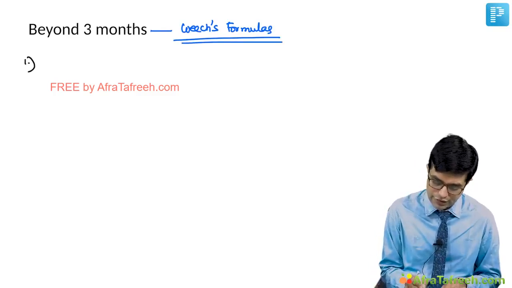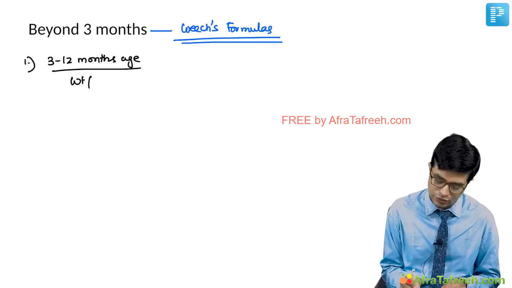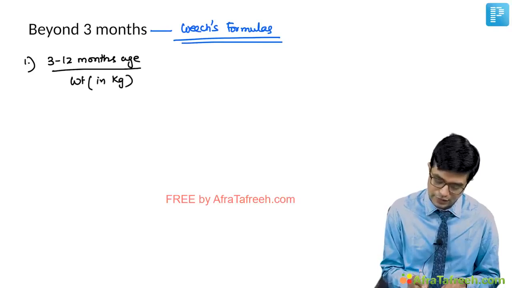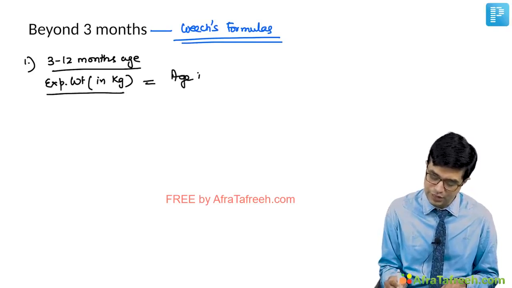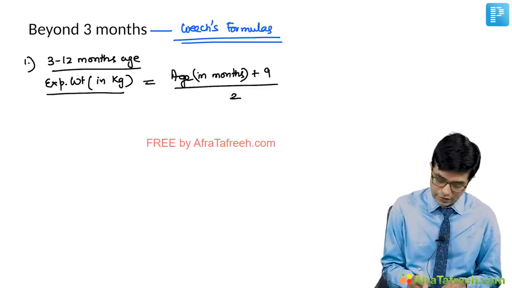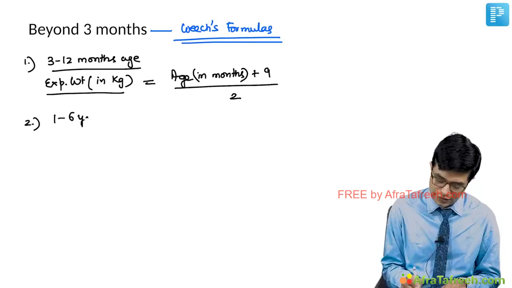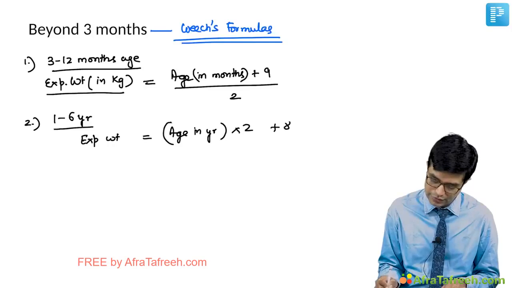If the age of the child is 3 to 12 months, the expected or ideal weight in kilograms is given by the formula (age in months + 9) divided by 2. If the age of the child is between 1 to 6 years, the expected weight is given by the formula age in years multiplied by 2, plus 8.